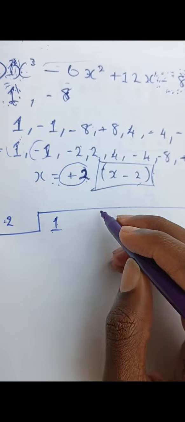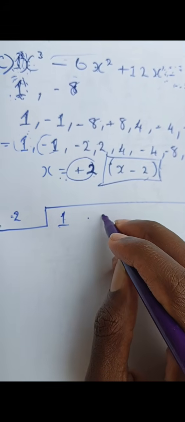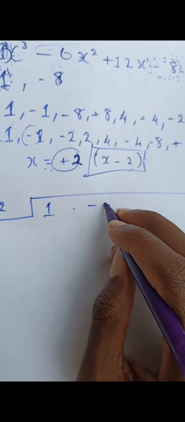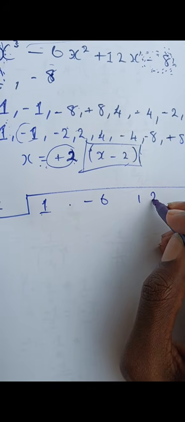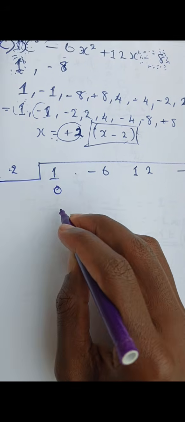The second coefficient is -6 for the degree of 2. The other coefficient is 12, the other is 8. So when you are dealing with synthetic division, our interests are the coefficients. All right. So I'll put 0 here.